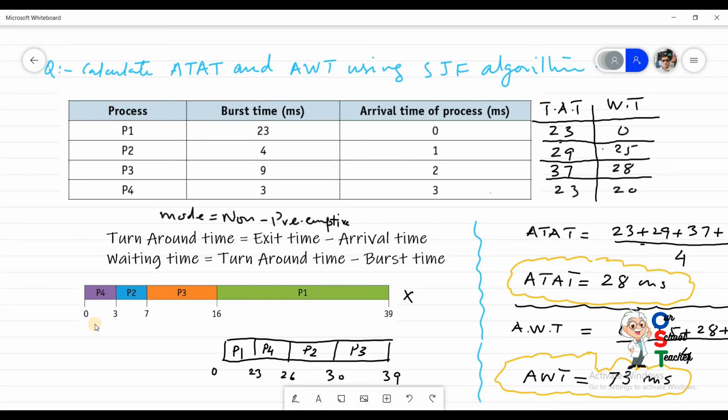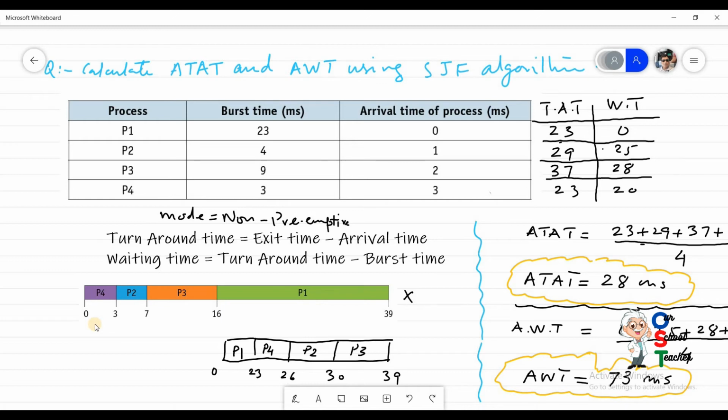In the Gantt chart, they are putting process number 4 at first position, which is not possible. The reason is, process number 4 has come at 3 milliseconds, and at 0 milliseconds process 1 is coming.